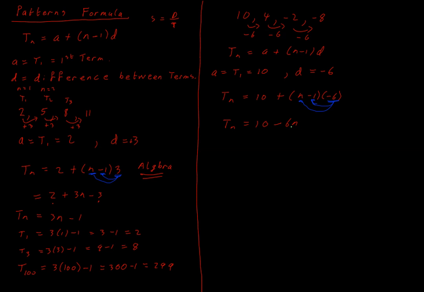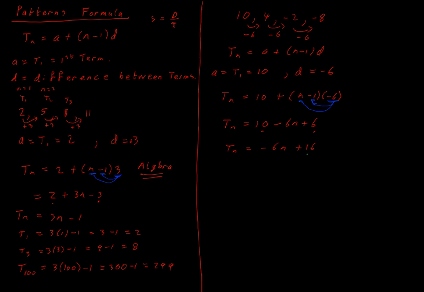This means 6 multiplied by n when they sit right next to each other without any sign in between. And then minus multiplied by minus will give me plus, 6 multiplied by 1 will give me 6. And then I add up my numbers, my 10 and my 6. And I end up with minus 6n plus 16.